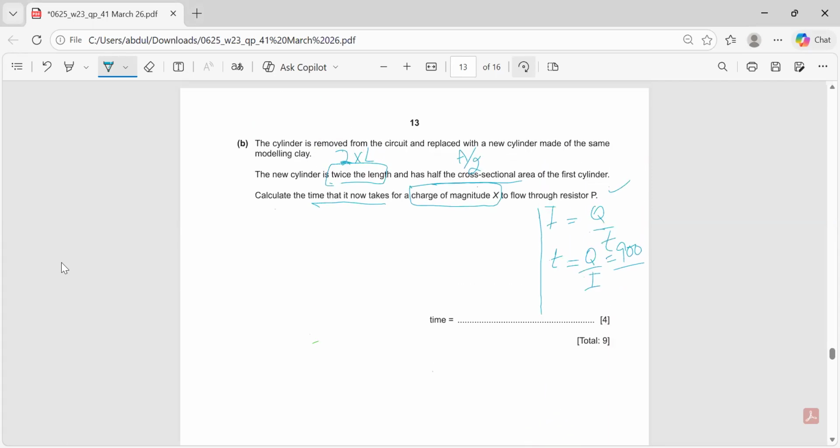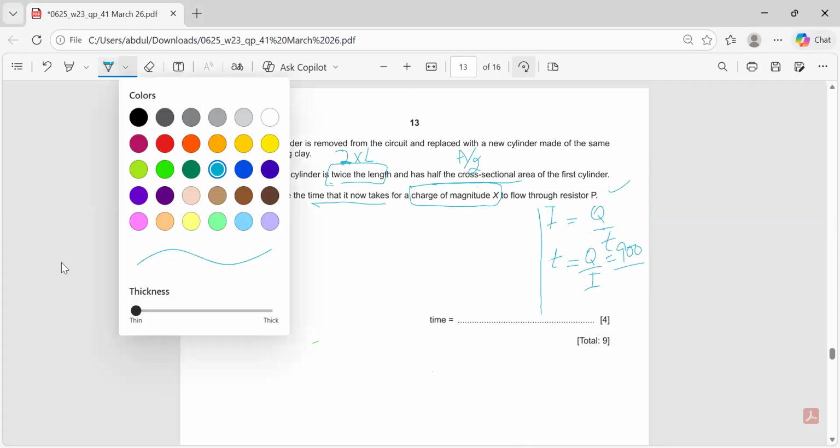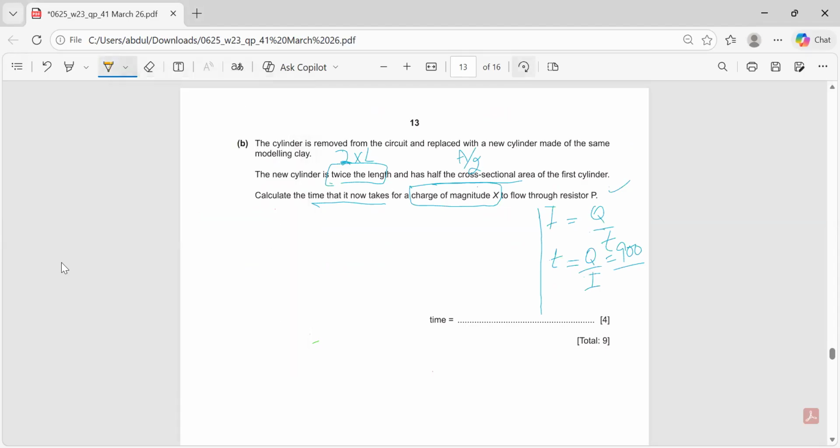Now, my dear, here we need to be a little bit more concentrating and focusing. Now see, we know resistance is directly proportional to length. For 2L, when the length is doubled, this implies that resistance will also be doubled.